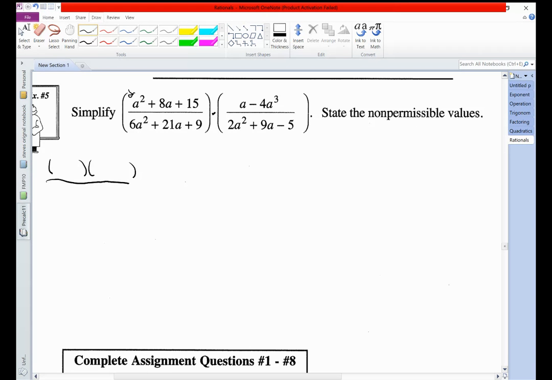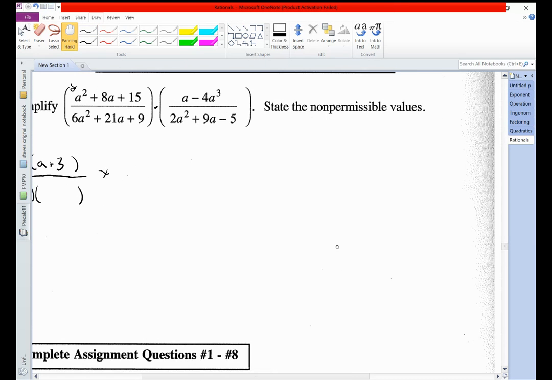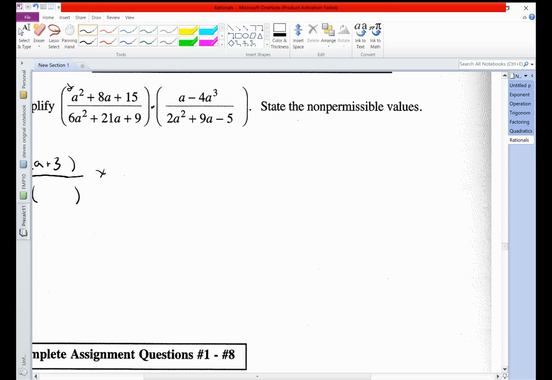Two numbers that multiply to 15 and add to 8 are going to be a plus 5, a plus 3, and then in the bottom we have 6a squared plus 21a plus 9. So what we have to do, I'm just going to scroll over, is we are going to do this by decomposition.